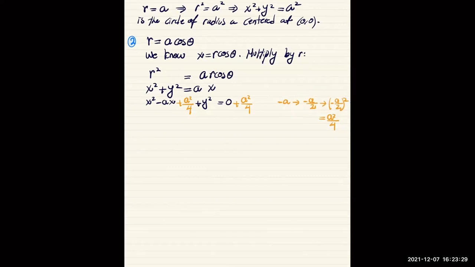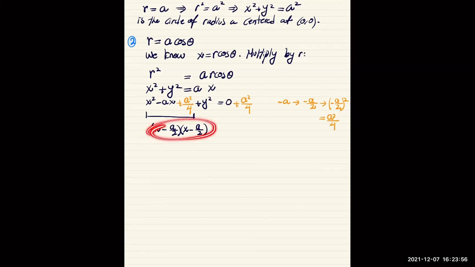Okay, and this way, this trinomial is now a perfect square. This right here, if you factor that out, you get x minus a over 2 times x minus a over 2. You can check.